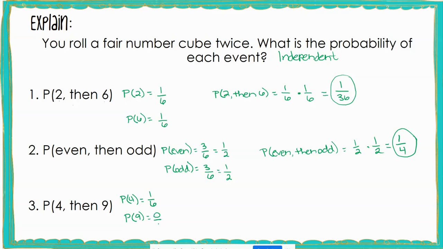So that probability is 0 9s out of 6, which simplifies to 0. Well, if I want to find the probability of landing on a 4 followed by landing on a 9, I would take the probability of a 4, which is 1/6, and multiply by the probability of a 9, which is 0. 1/6 times 0 is 0, which means it is impossible for me to land on a 4 and then land on a 9.